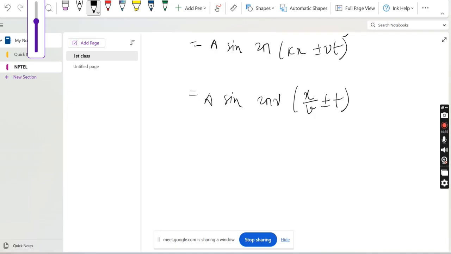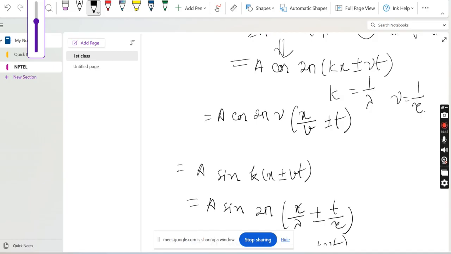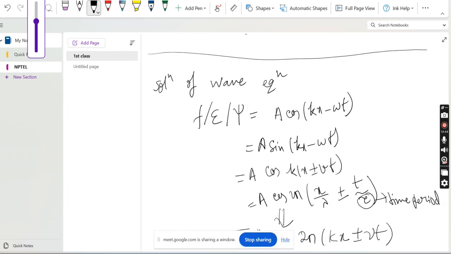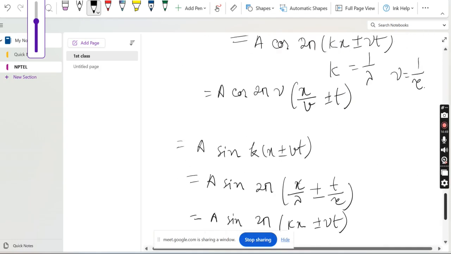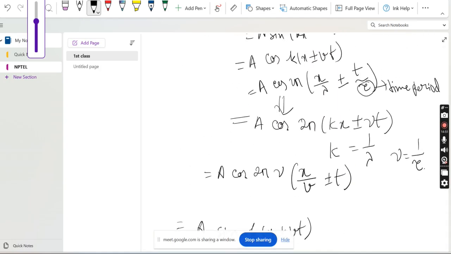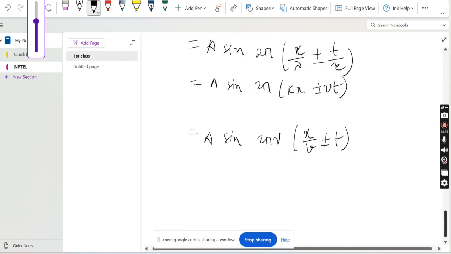So we can see that we can write the wave equation in these forms, in terms of sine and also in terms of cos.